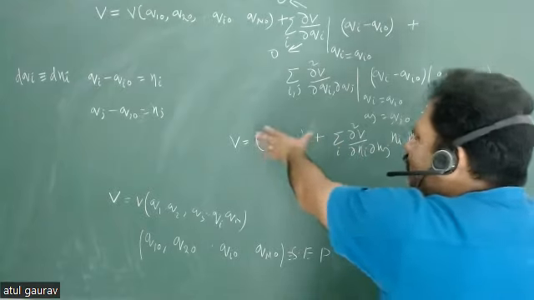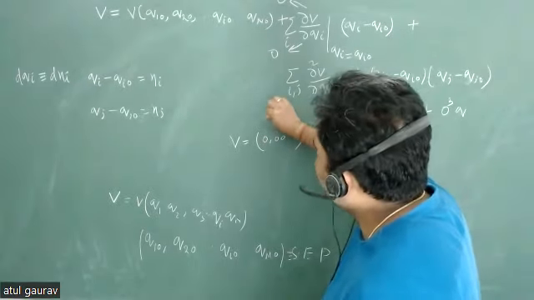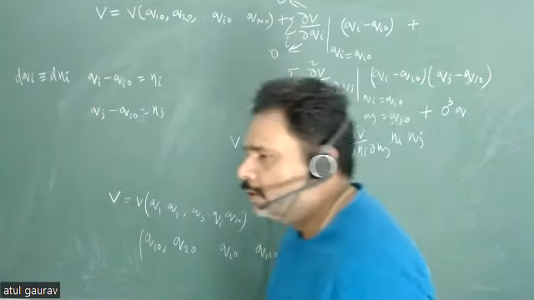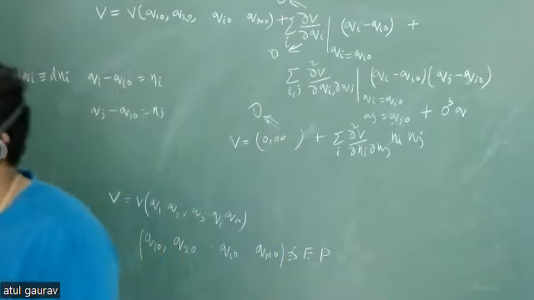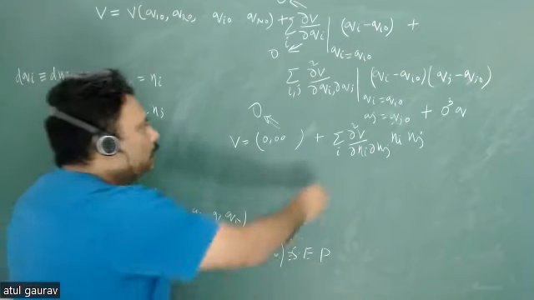And we can assume for our simplicity that this reference value is equal to 0, as we have assumed in our one dimension case. And half is also there.